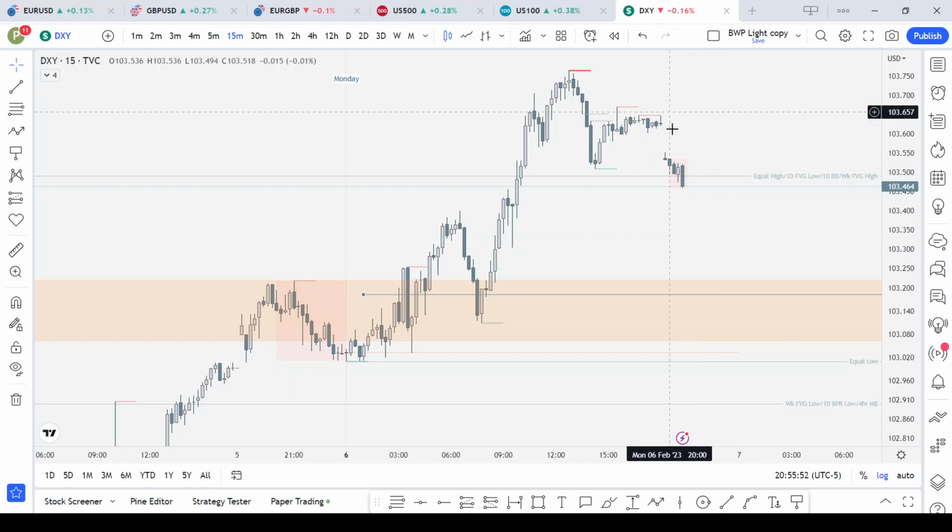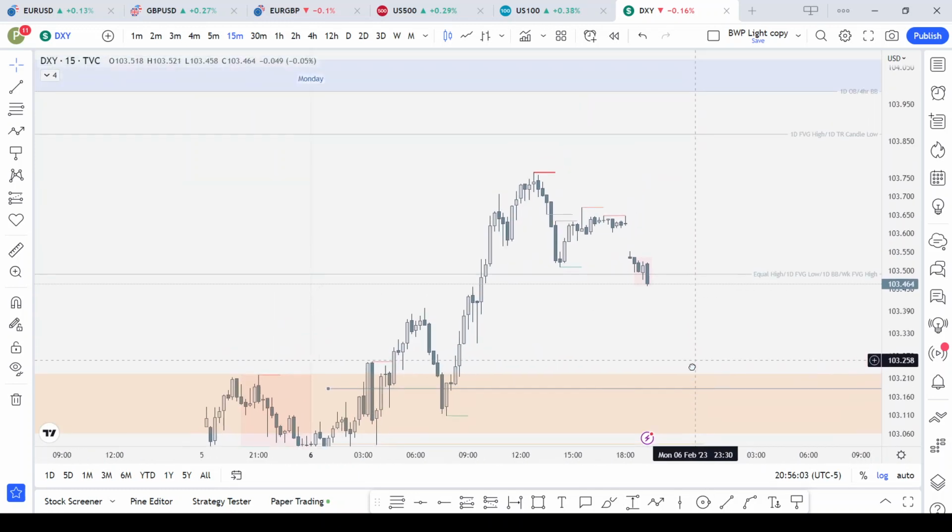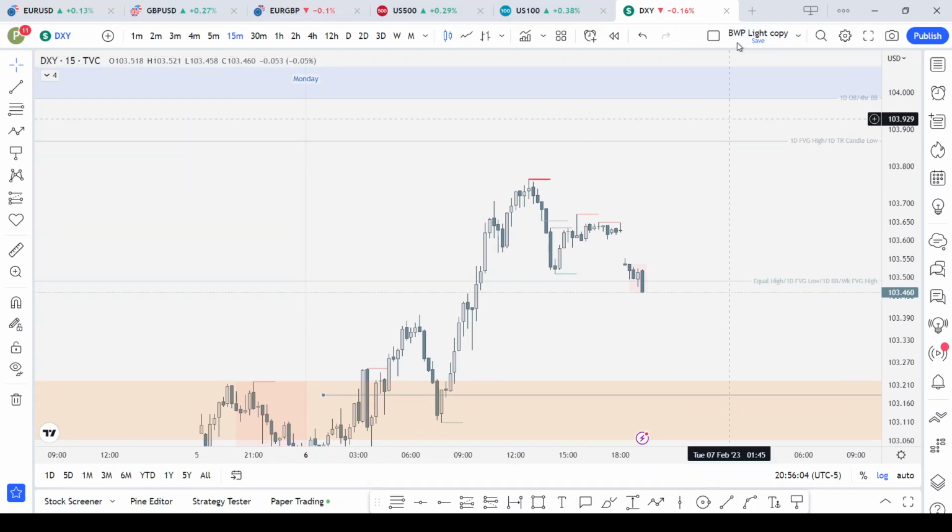Okay, so that's my expectation. I want to see price drop down either to sweep this level or find some kind of support around here on the other block for another leg higher into this area. Then from this area, I will watch to see what develops from there.